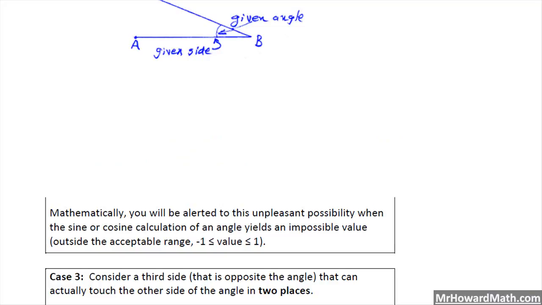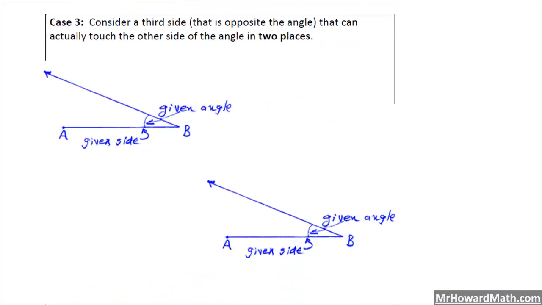So that's case 2. Case 3, we have a side that's long enough to reach, but it will reach in two places. So here's what I mean. If I have a side length that's this long right here, it could reach there, or that same length reaches to here in that first case. Well, if I rotate it more, it'll also reach back that direction. So there are two possibilities for the angle.